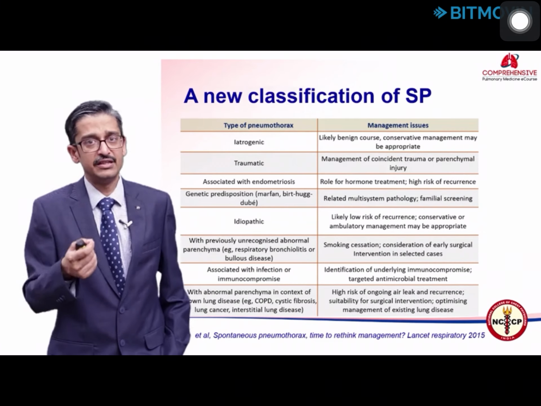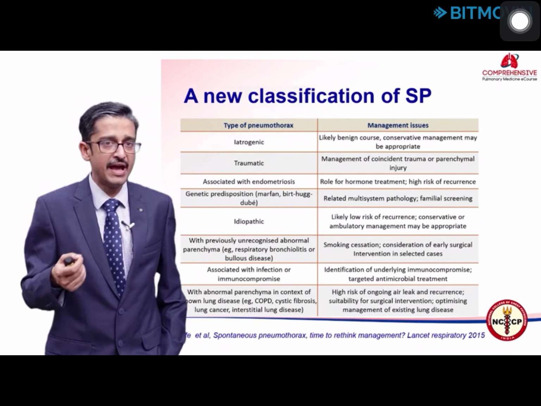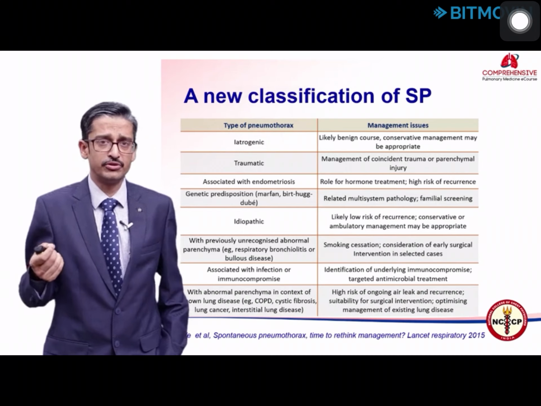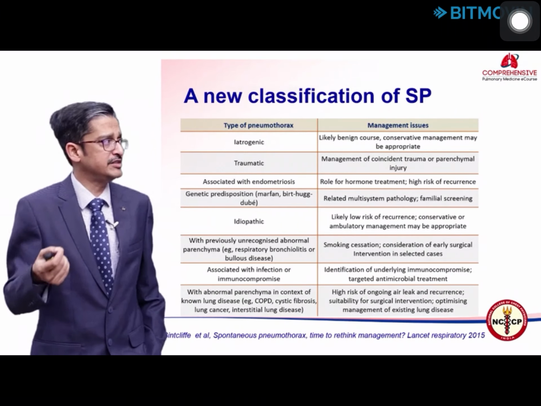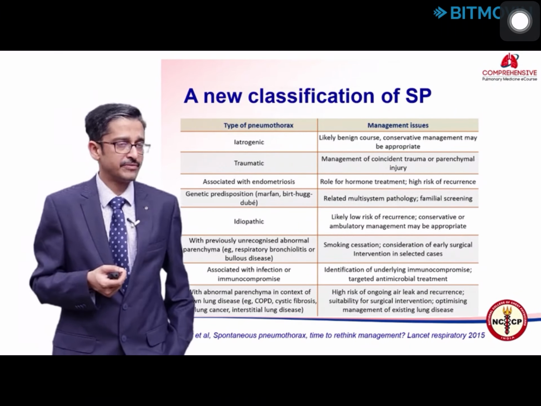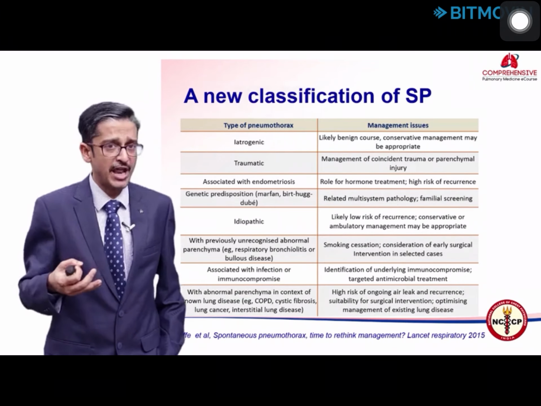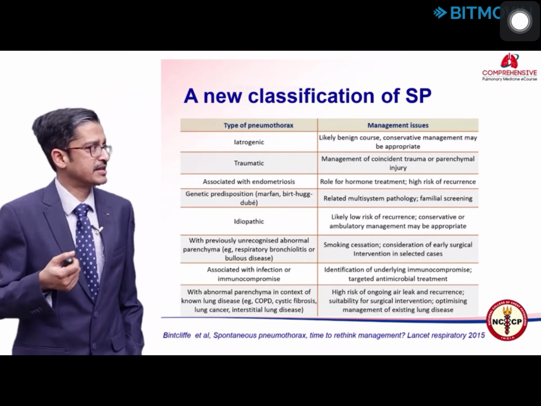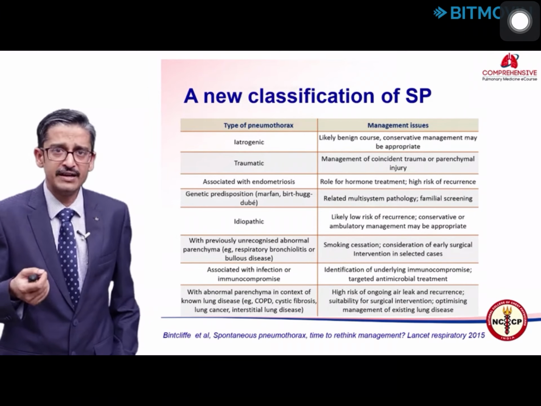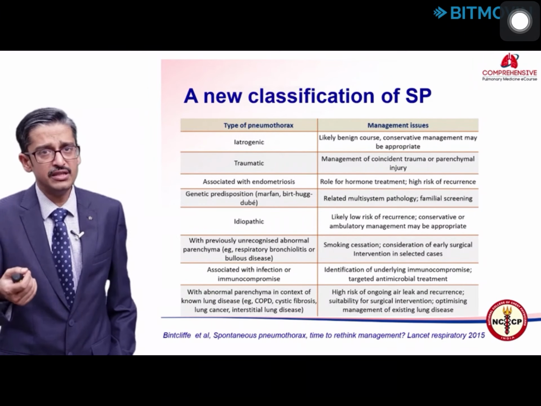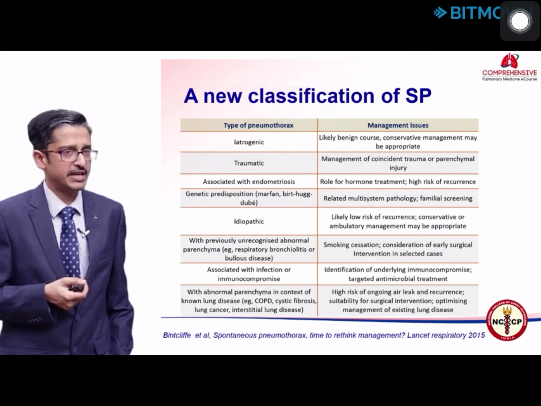In that, the lung comes up easily, it's a benign course, and for small pneumothoraces, maybe a conservative approach is all that's needed. In traumatic, it's the trauma and the parenchymal injury which results in the pneumothorax, and again, unless there's been a lot of lung contusion, the lung comes up easily in most cases.